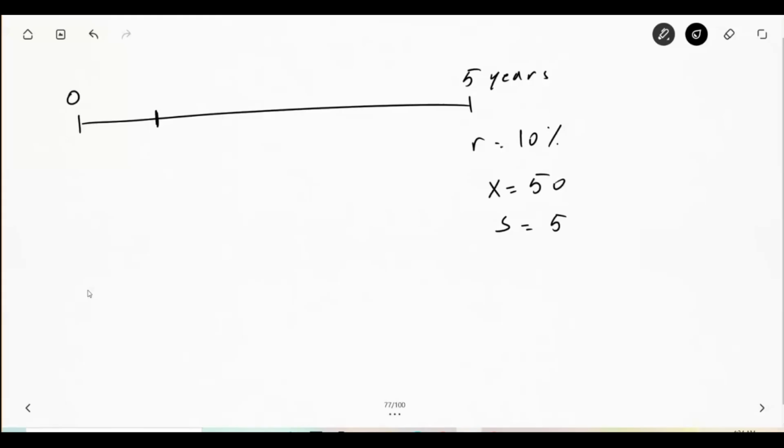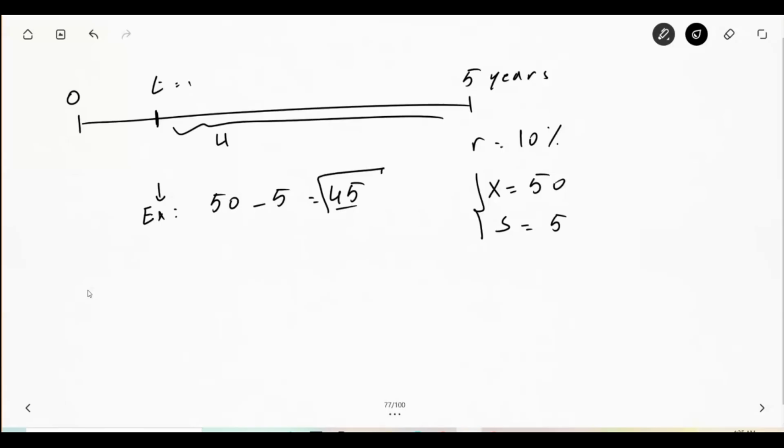This is time t, maybe at year 1, so we still have 4 years till the expiry of the option. I took an extreme example just to show you why with the European option we may have this negative effect. Now if I am able to exercise at t equals 1, I will be receiving 50 minus 5, which is $45.